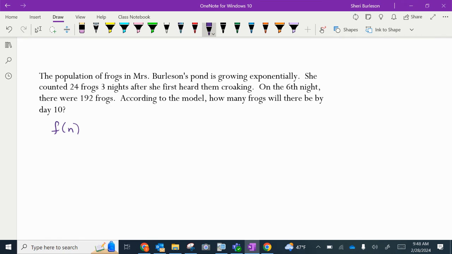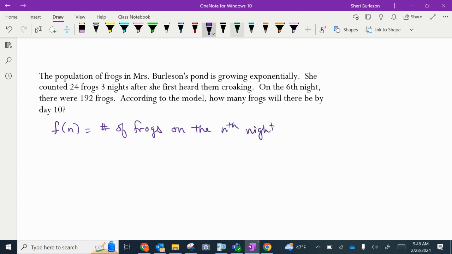If I use a function, how many of you used function notation on this? Okay. And then this would be where this is equal to the number of frogs on the nth night, something like that.